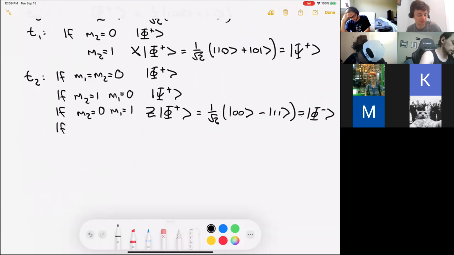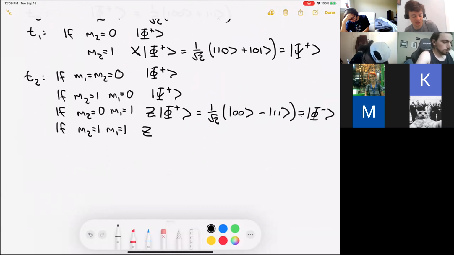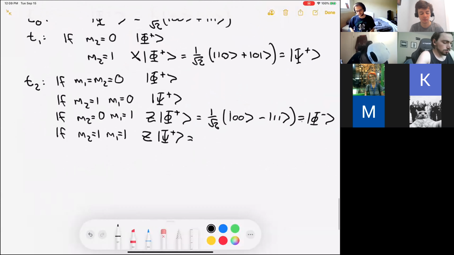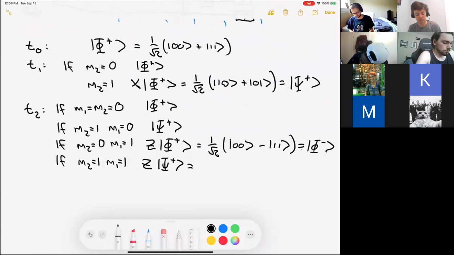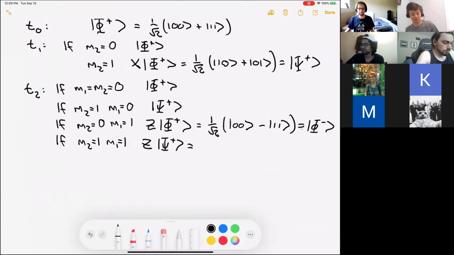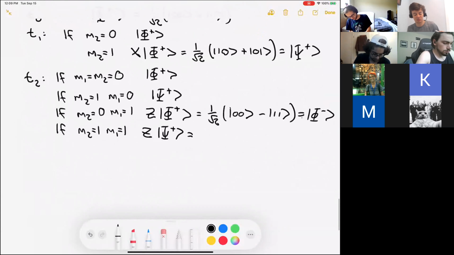Final case, M2 equals 1, M1 equals 1. Okay, so now it was in state psi plus, and we're now going to apply a Z to it. Okay, so psi plus was 01 plus 10.